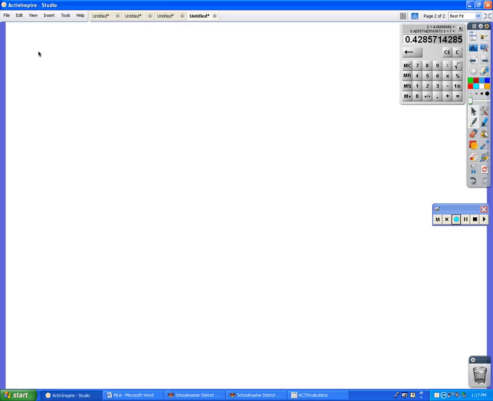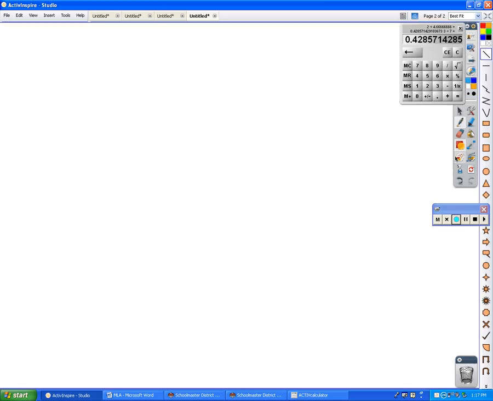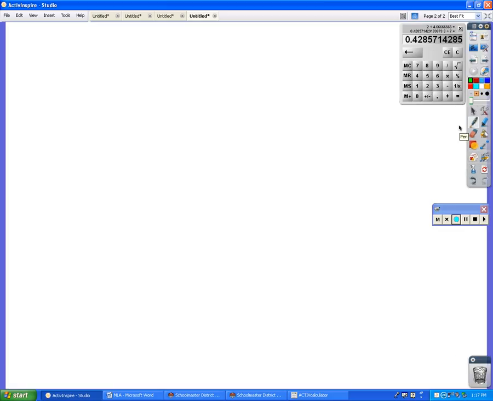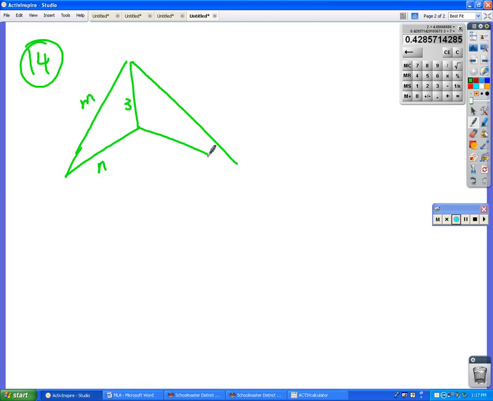14 is a little bit tricky because of the way they have the triangle set up. Okay, what you have to be able to do with this one is figure out what side goes with what in these triangles, and the key is in the similarity statement that they write.